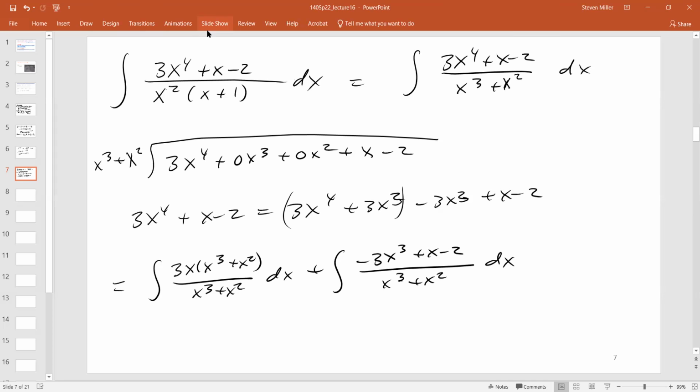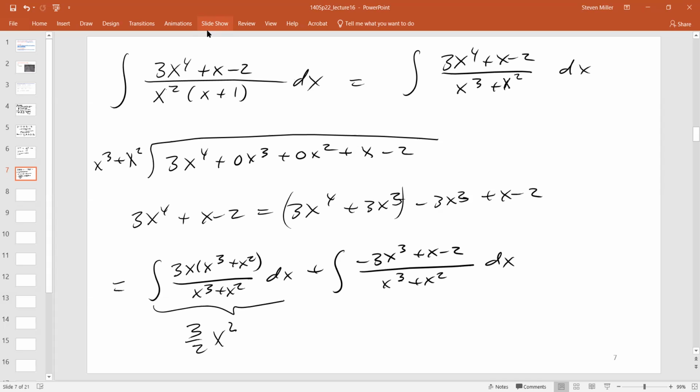What function has derivative 3x? Perfect. So it's just 3/2 x squared. And then we would move on and we could play the same game with the next one. I'm essentially doing polynomial long division without writing it out formally. So if you really, really hate polynomial long division, here's a way to just bypass it.